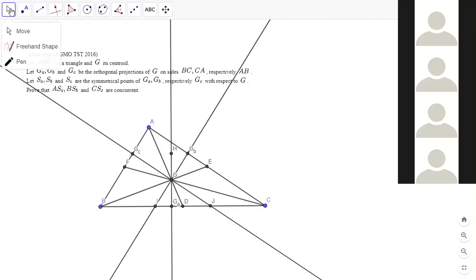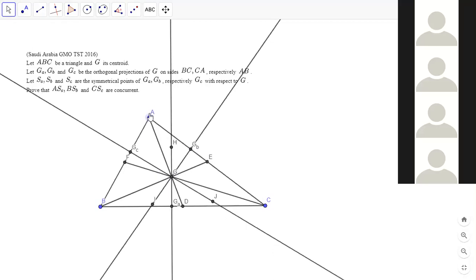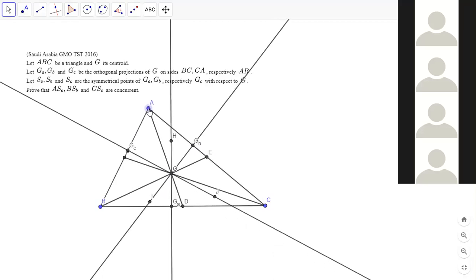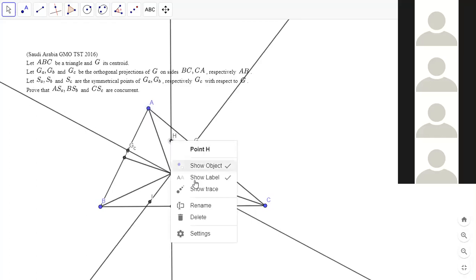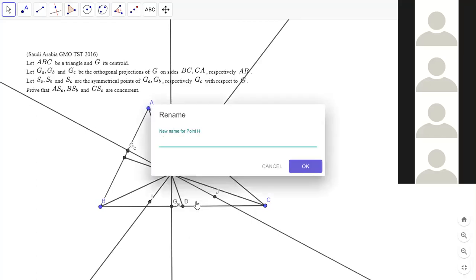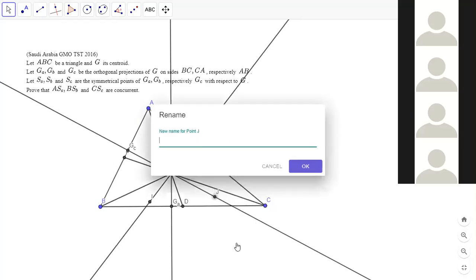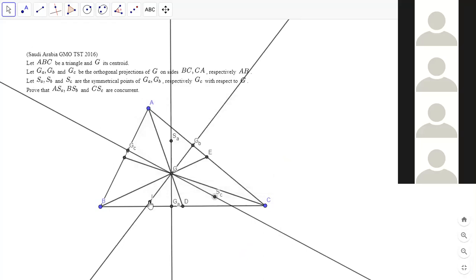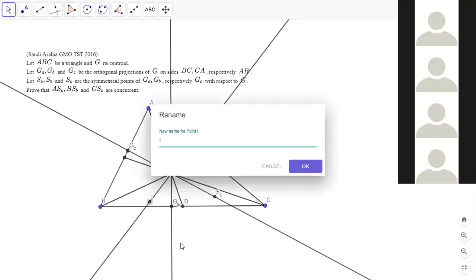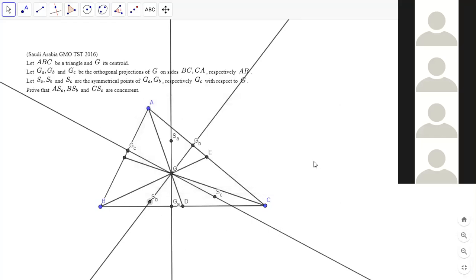Oh, it almost looks like I and J lie on BC, but they shouldn't. So this is SA. Then this is SC. This is SB. We want to show that ASA, BSB, and CSC concur.